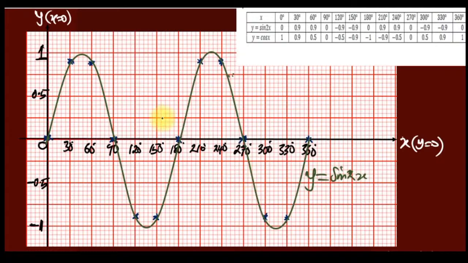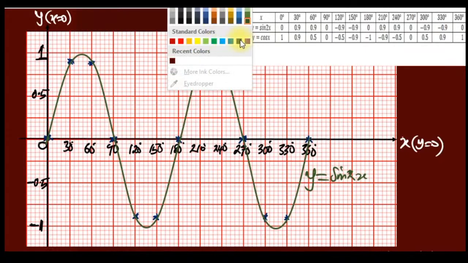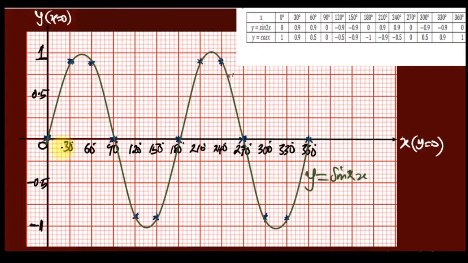So we'll locate the points. Let's use blue. When x is 0, y is 1, so that's the point. When it is 30, 0.9, the same point as that.